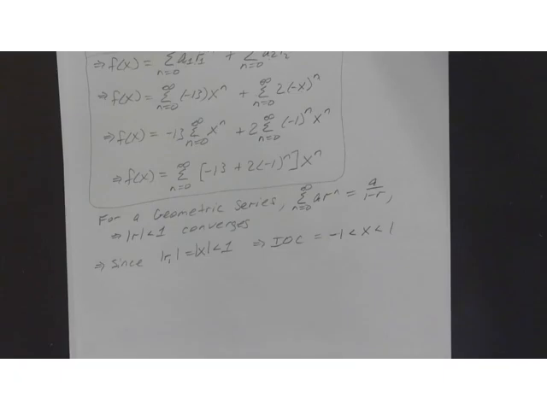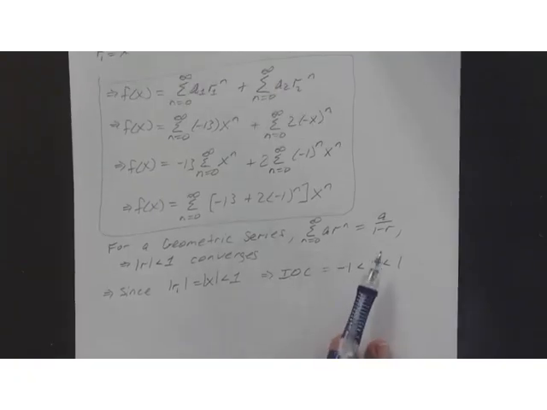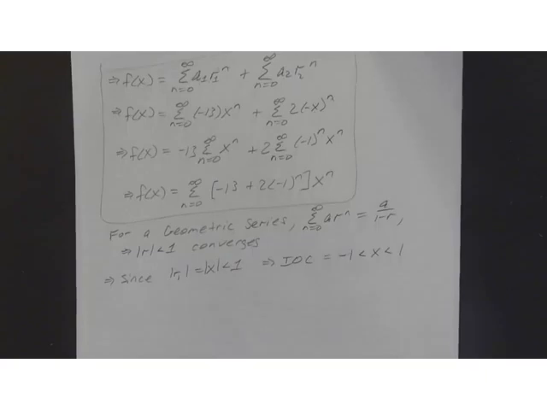Okay, so again, if you plug in your endpoints, actually, it couldn't be -1 or 1 because they would both be divergent at those endpoints.